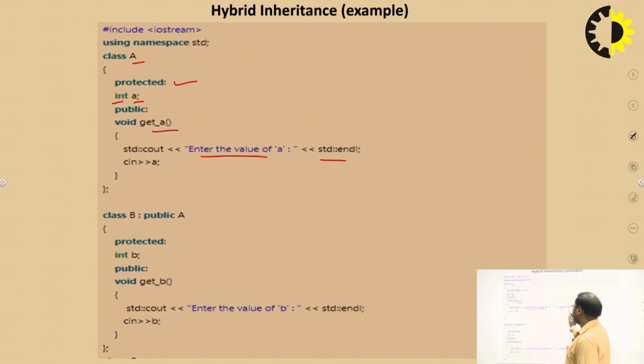Enter the value of A, which we will give as input by the user. Here class B inherits the properties of class A. So class B becomes the derived class and class A becomes the base class or parent class. In the protected field I have taken a variable b of integer type and a member function named get B. Here I am taking input from the user in the body of this get B function.